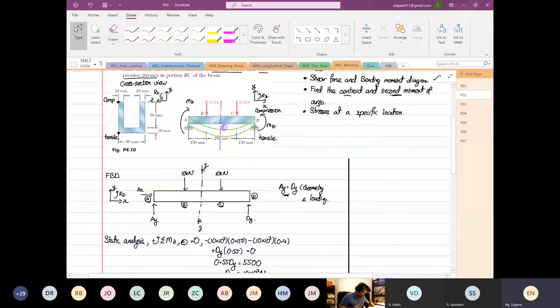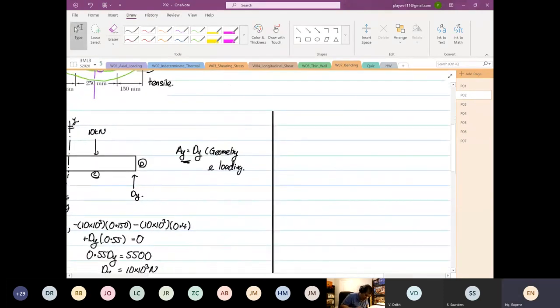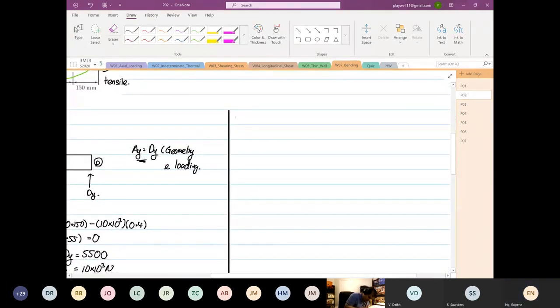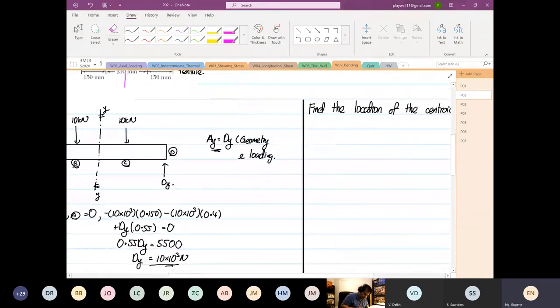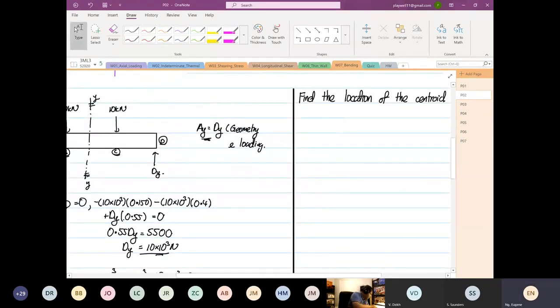So for this case, we are going to find the location of the centroid. I'm going to sketch this out.